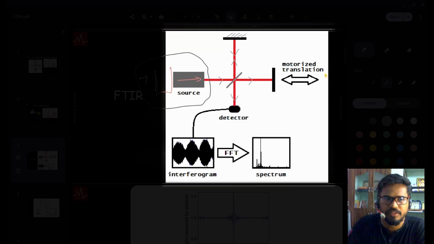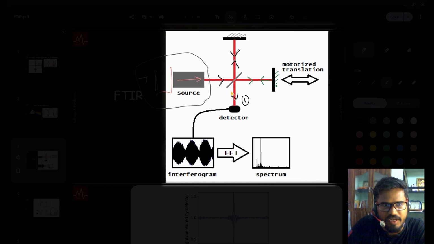This is path one. Let me highlight it using black. A part of the light was passed through on this side. Let's see what happens to that. Let's use a different color for it. This goes through. There is one more mirror here that reflects it, and then it partly passes through and partly gets reflected.